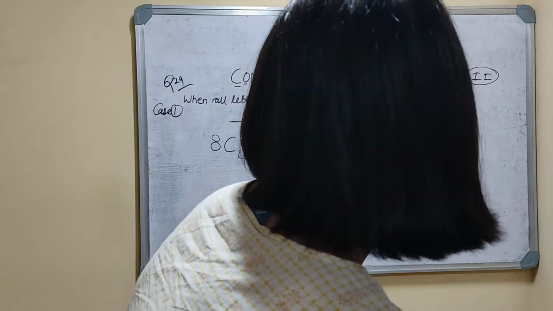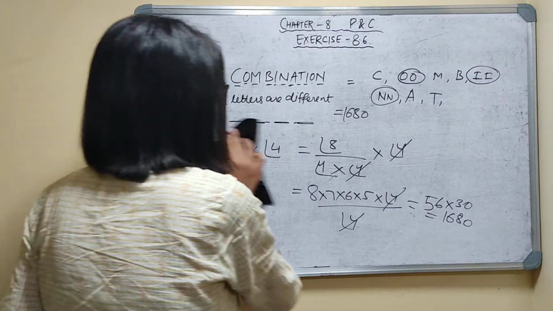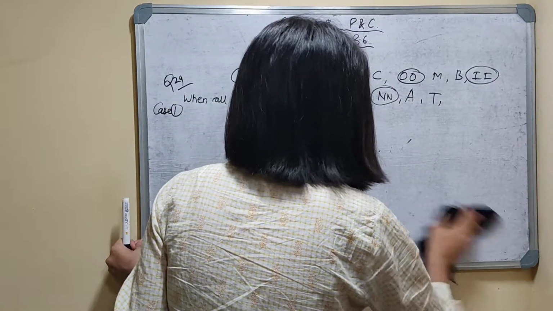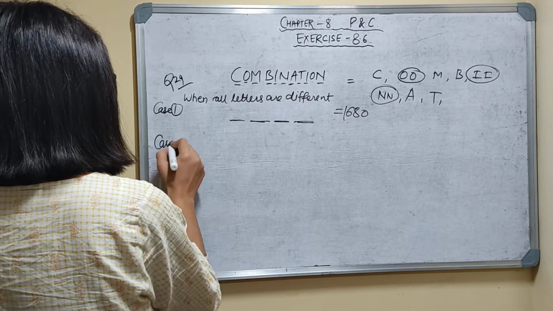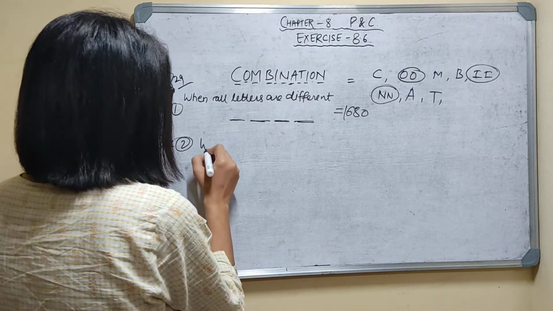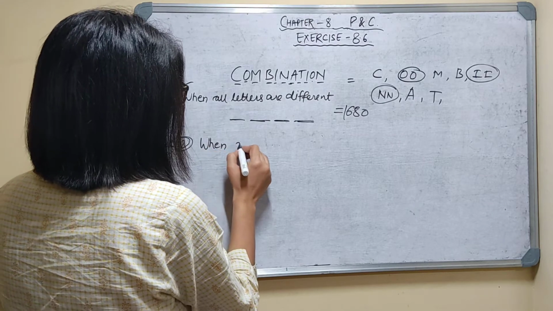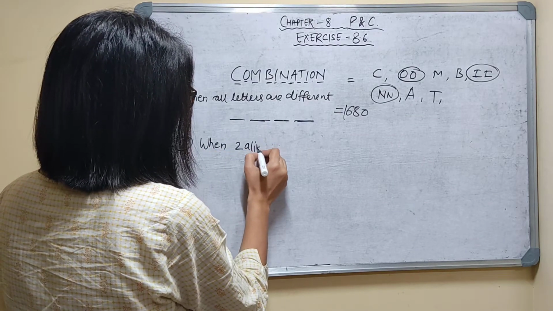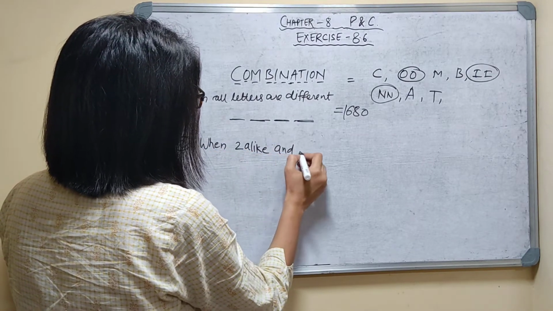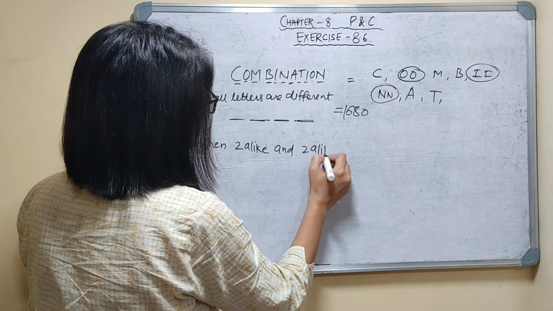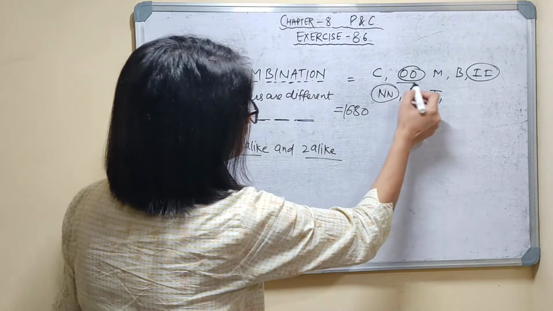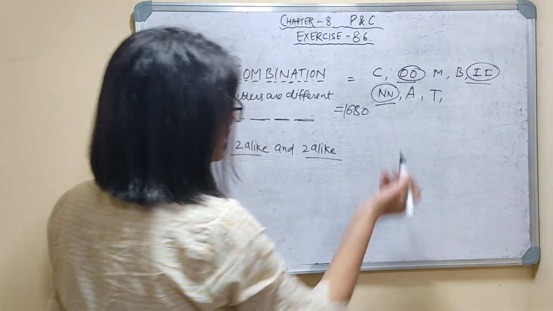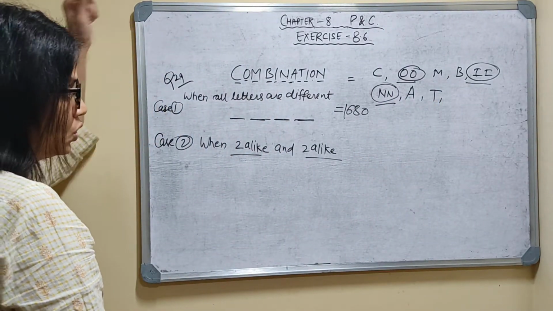Now case 2: when two alike and two alike. That means from these I have to take any 2 pairs.